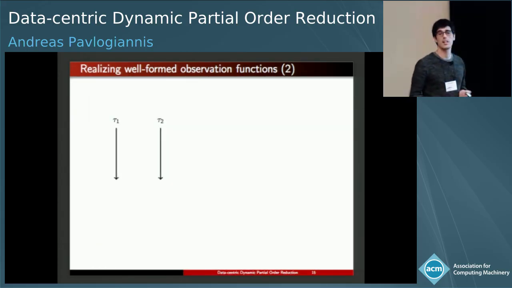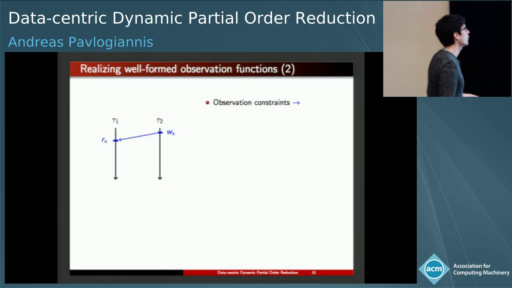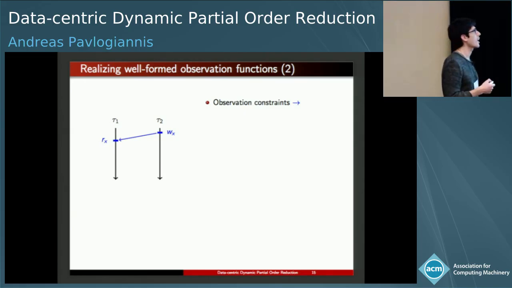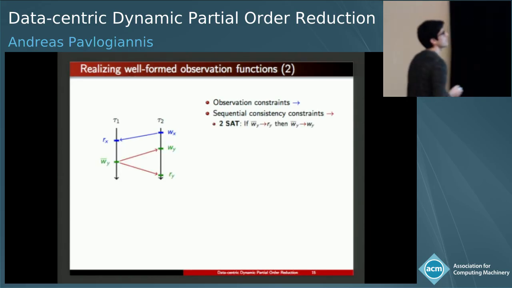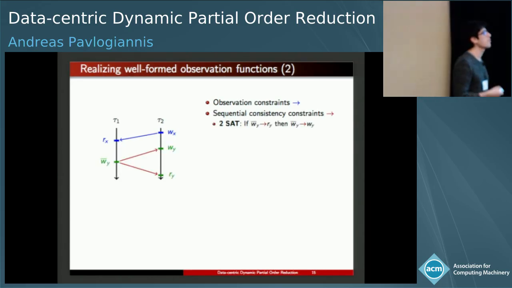It needs to meet a number of constraints. In particular, it needs to meet observation constraints. If I know that R is to observe W, then I need to make sure that W happens before R. But this is easy to enforce. You just throw in some extra happens-before edges. The second type of constraints is sequential consistency constraints.